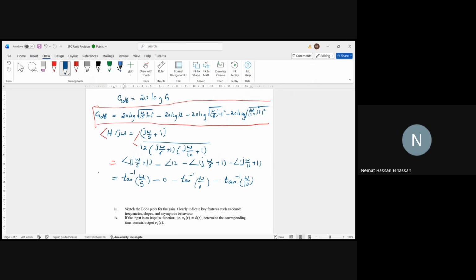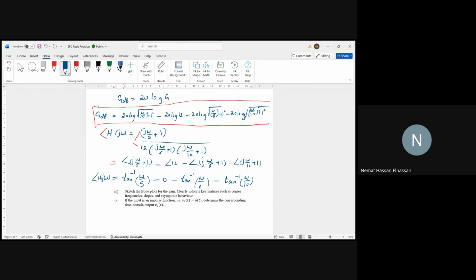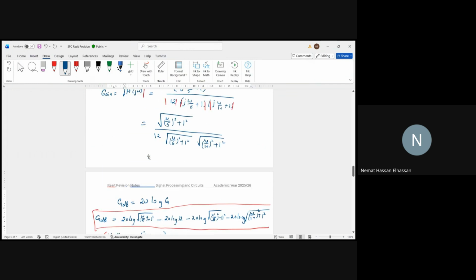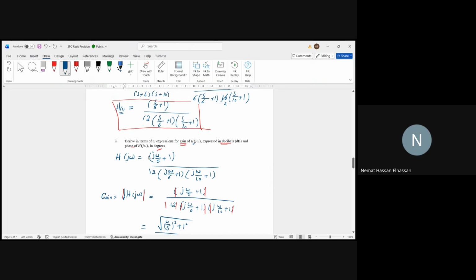I'm just using complex algebra rules here. So this is the angle of H of j omega, in degrees, which is the second part of the question. And if you notice, we have omega here because we don't know the value of omega, we cannot substitute to get an exact value. That's why we gave it in terms of omega.